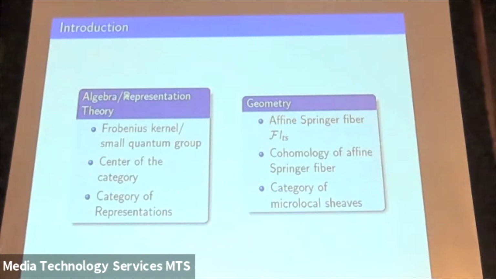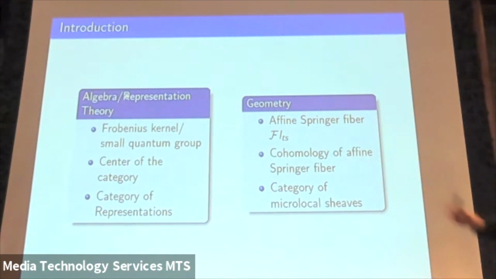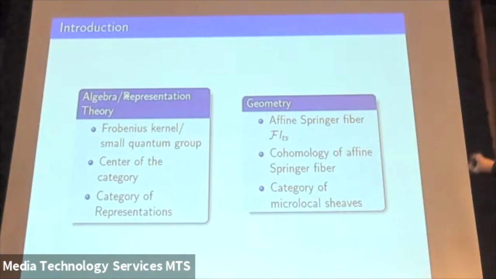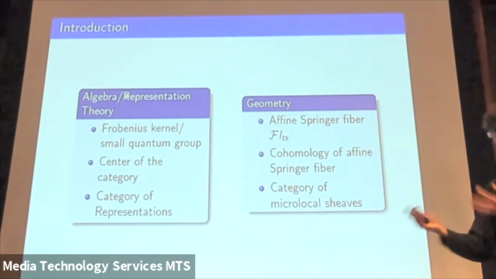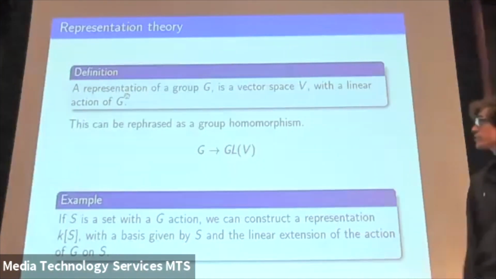And in work of Peshkov, McGreen, and Yun, they relate further the category of representations of these objects with some category of sheaves on the geometric side. So the talk today, I'm going to try to explain these representation theoretical objects and the geometric objects, and then explain the connection. So let me begin by explaining just what is a representation.